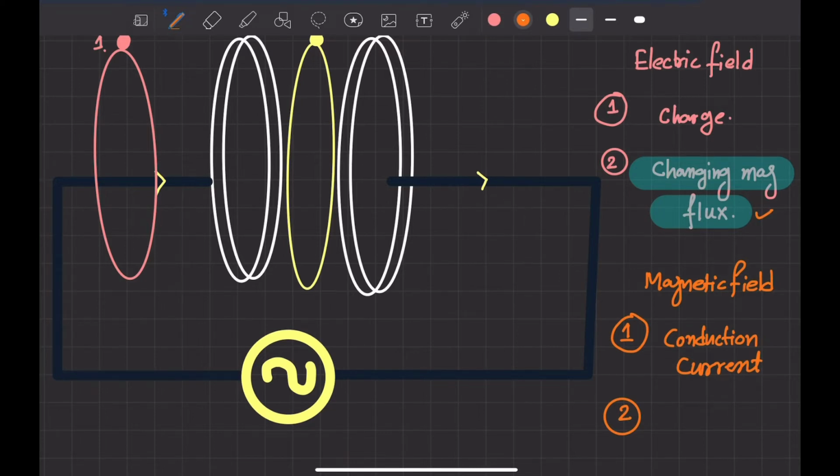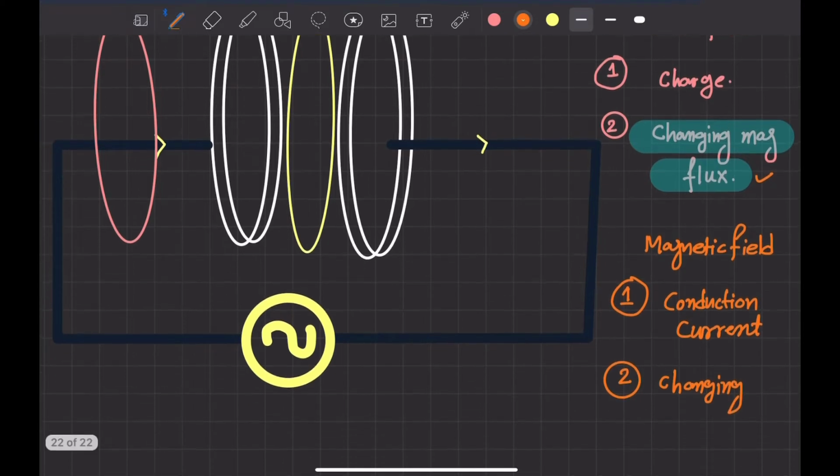Similarly, the changing electric flux can produce magnetic field. And this is a major statement.